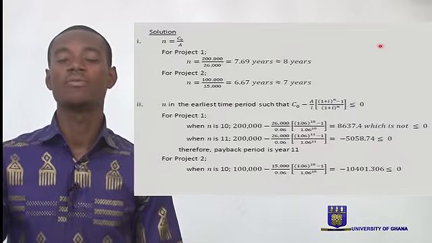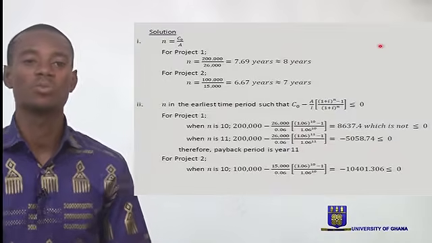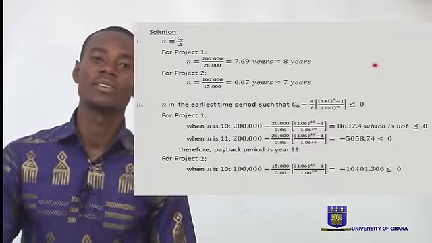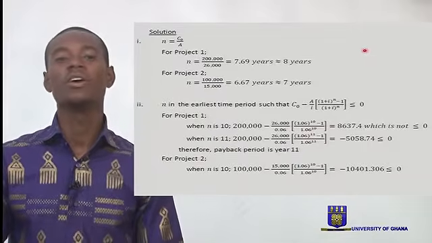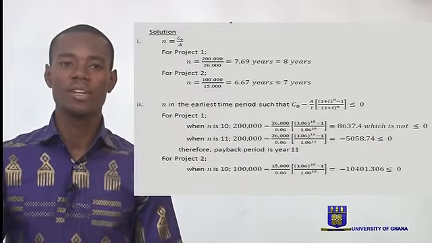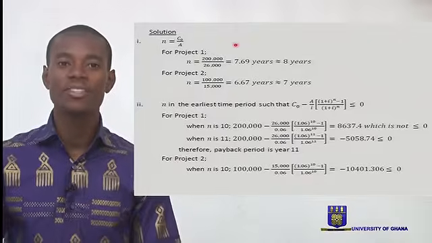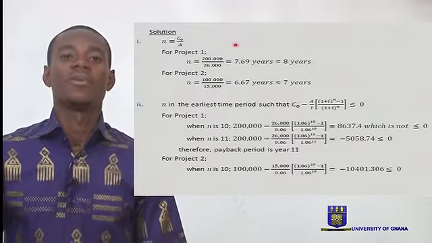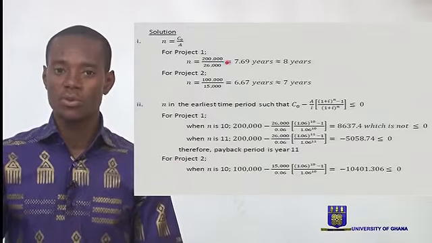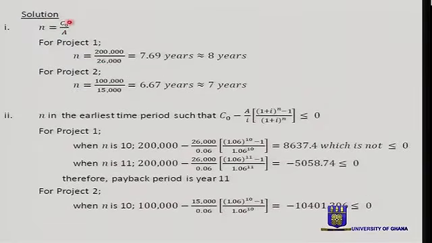It's just like asking how many times the annual inflow would go into the initial investment. And so in the case where i is equal to 0, we have C0 divided by A, where C0 is the initial investment and A is the annual or periodic inflow.